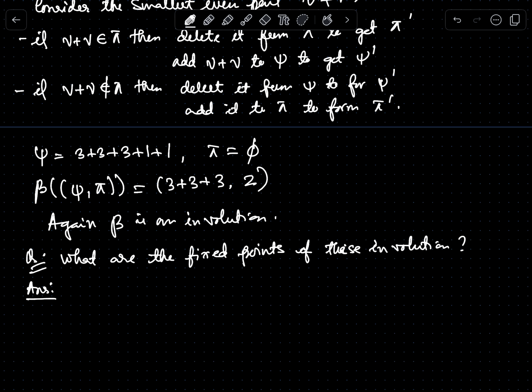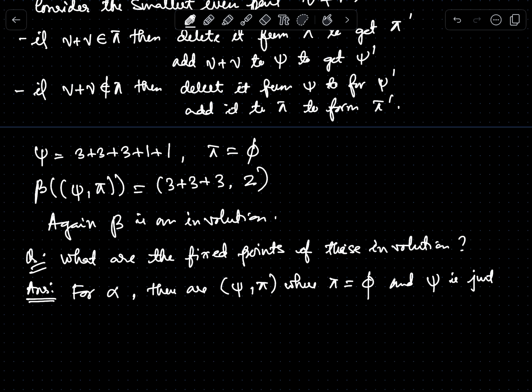So for alpha, these are all those psi and pi where pi is equal to the empty partition and psi is just a partition into odd parts.